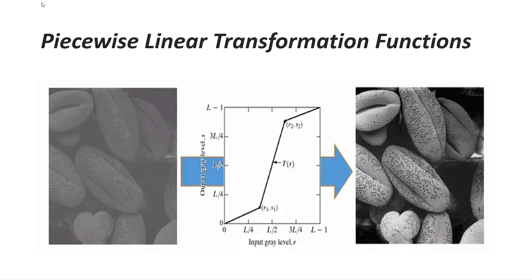We are removing the upper layer of the image and generating a clear image from the original image. You have to represent this diagram format also in the examination, these box-like functions, and you have to display this line or curve. This input gray level diagram should be displayed in the examination paper.